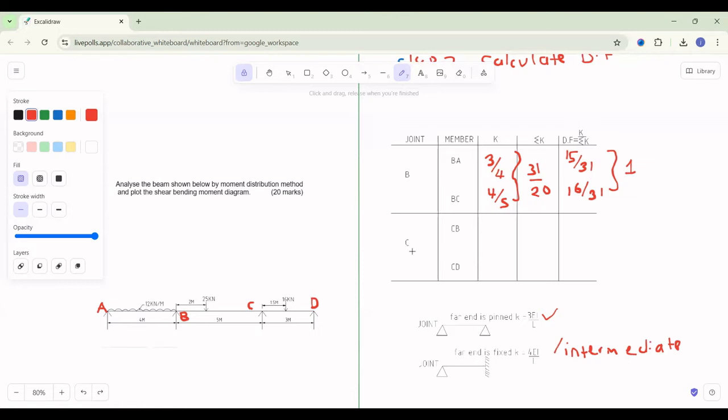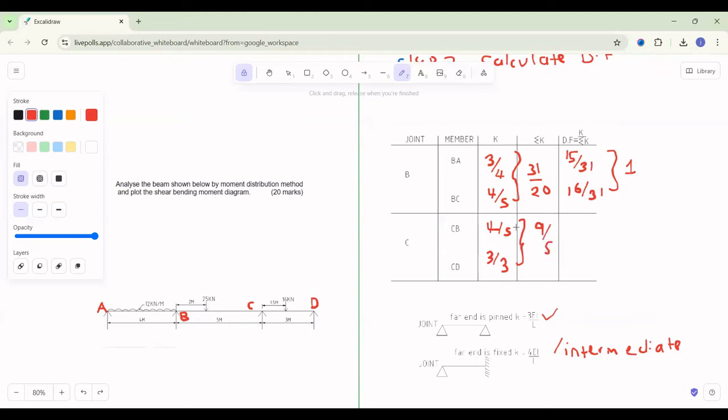Again, if you are at C, joint CB, since it's at an intermediate support, it will be 4 over 5. That will be the same as this one. Then the other one will be 3EI over L. Our length is 3 meters, so it will be basically 3 all over 3. If you add up this one, they'll give you 9 all over 5.